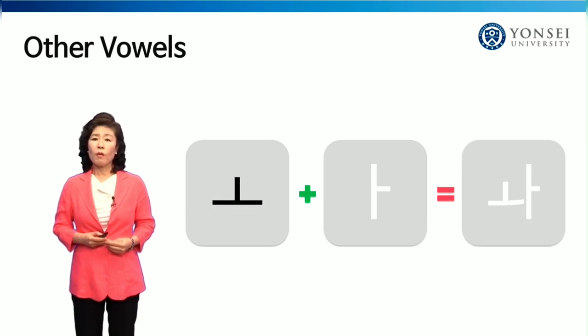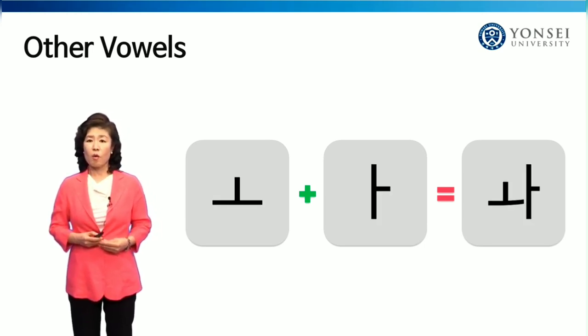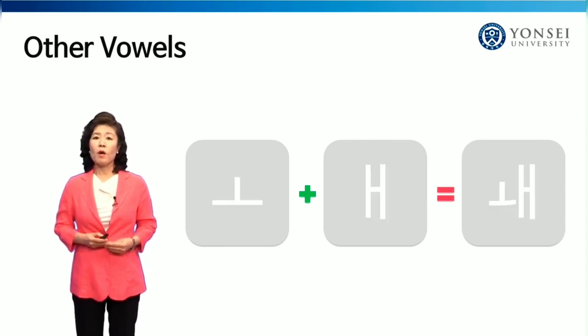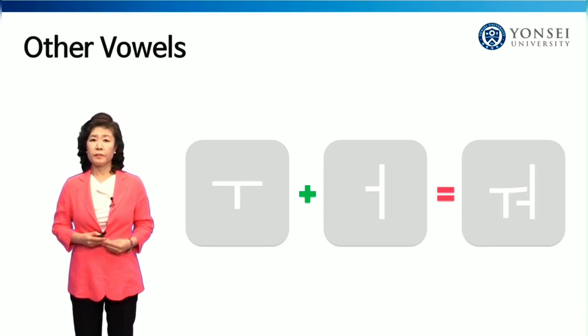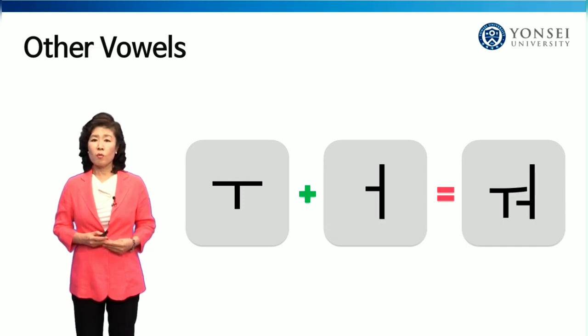Combine O and A for wa. Also with O and E, we. As for wa, u and a are combined to form wa.